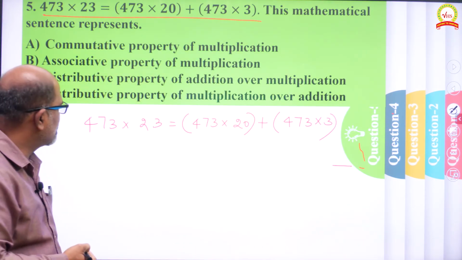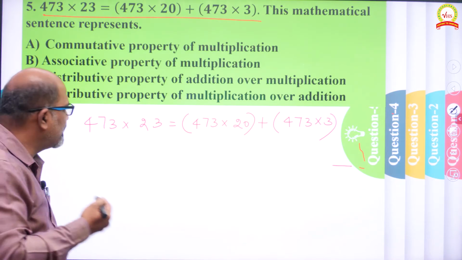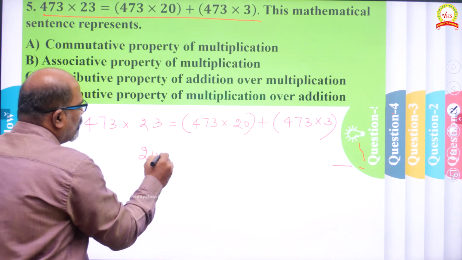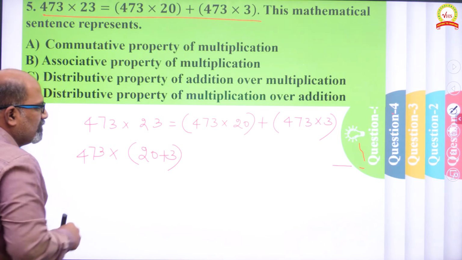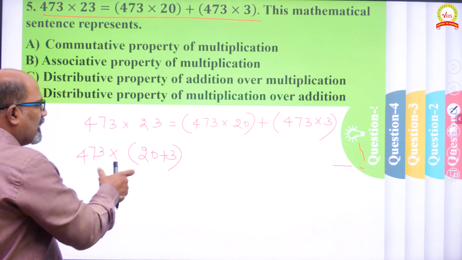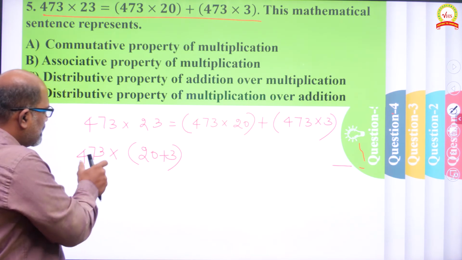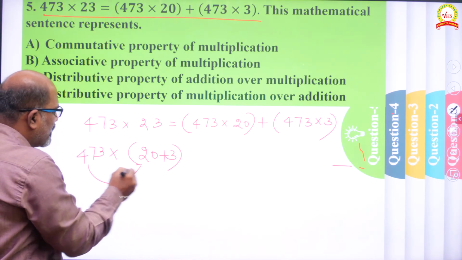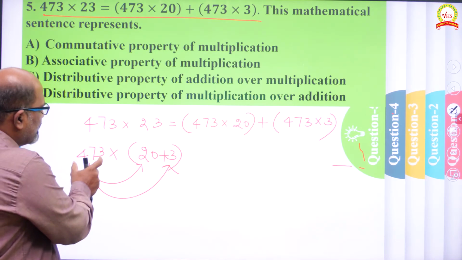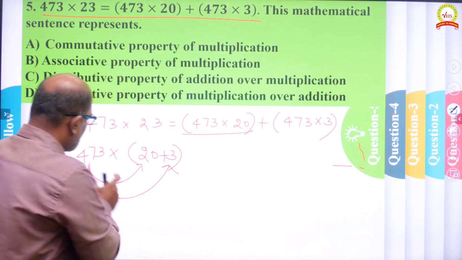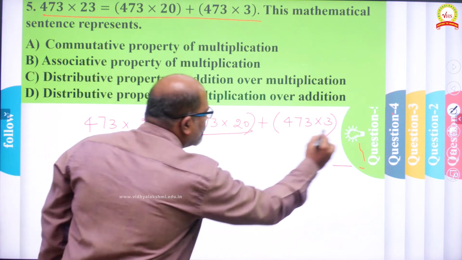You cannot understand what this expression tells unless you write this 23 as 20 plus 3. When you look at this now, you can understand easily that this 473 is actually distributed here: 473 multiplied by 20, 473 multiplied by 3.